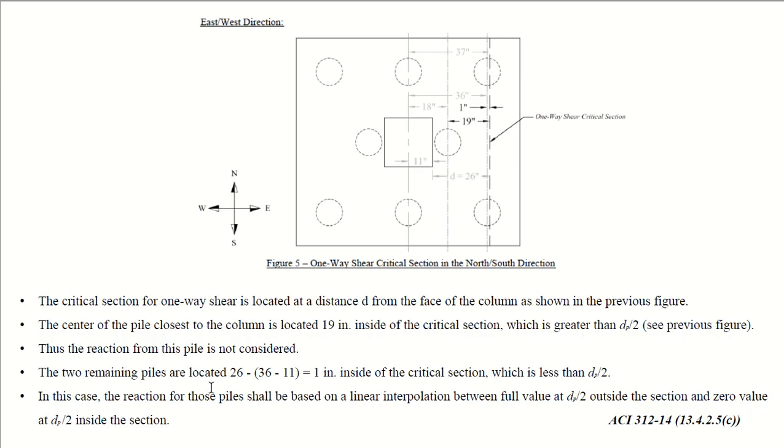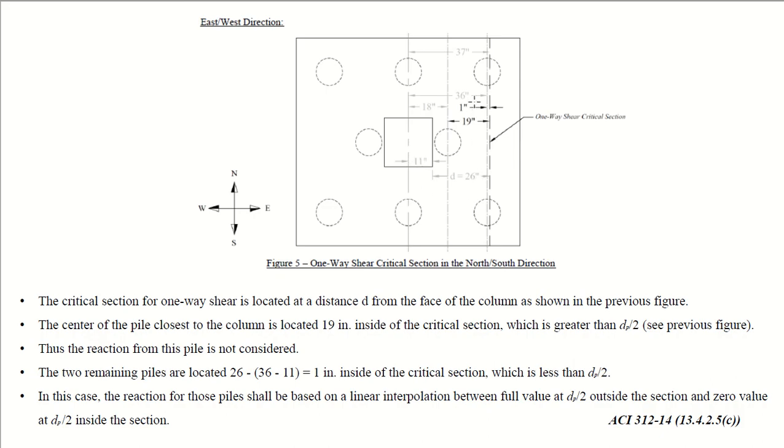The two remaining piles are these two piles, number 1 and number 2. These are located at 26 minus 36 minus 11. What is 36? See, 36 is the center-to-center distance of these piles from the center of the column, minus 11. 11 is half the side of the column.